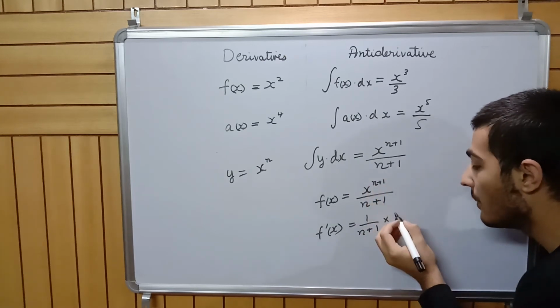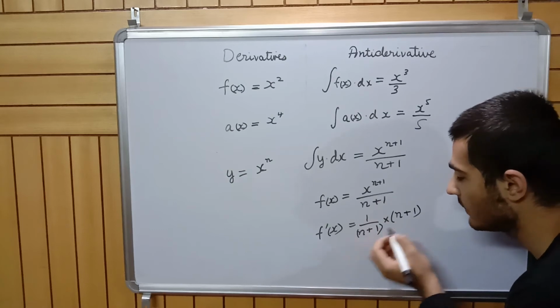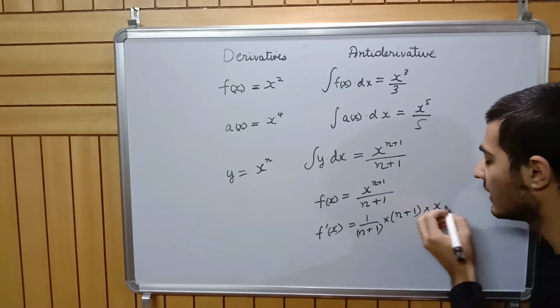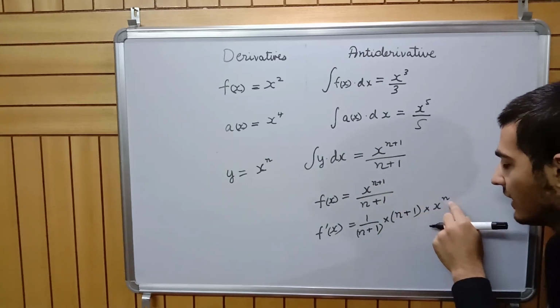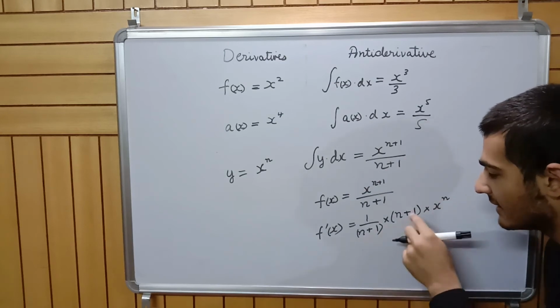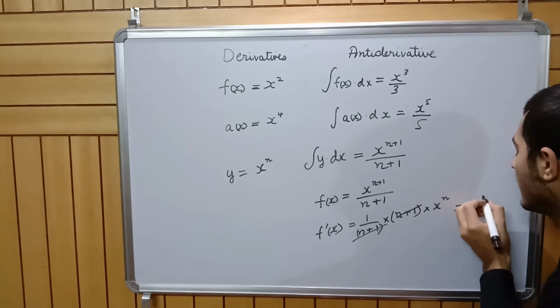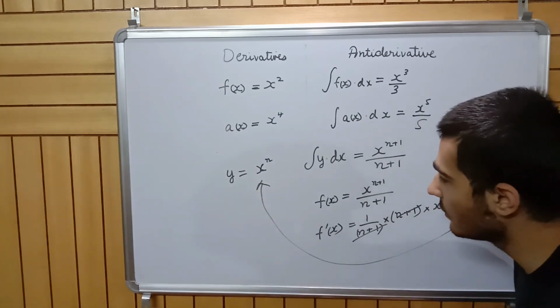I get the power in the coefficient's place, so this is my power, n plus 1, in brackets, and multiply this by x raised to power reduced by 1. What is n plus 1 minus 1? Simply n, so I get x raised to power n. Now I can cancel these two, and what I end up with is x raised to power n only. That is clearly what is written here. Therefore my power rule is correct.